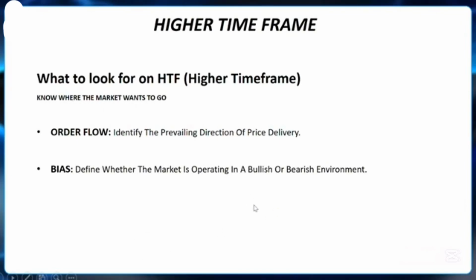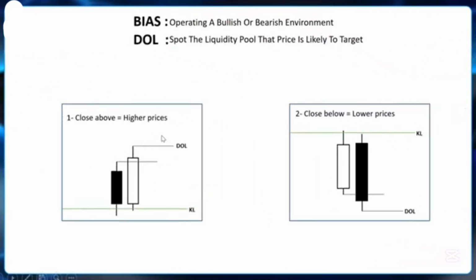Now, there are many different ways to build bias, but let me give you a simple and logical approach that actually works. Close above equals higher prices. If the market closes above the previous candle, we expect higher prices in the very next candle. Now, let's say the candle we're trading is expected to close bullish. That's our very first confluence. Why?